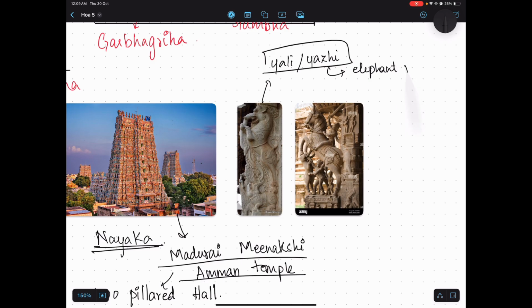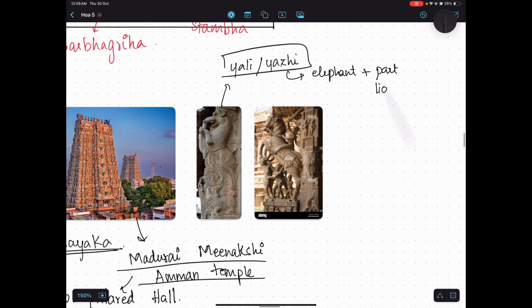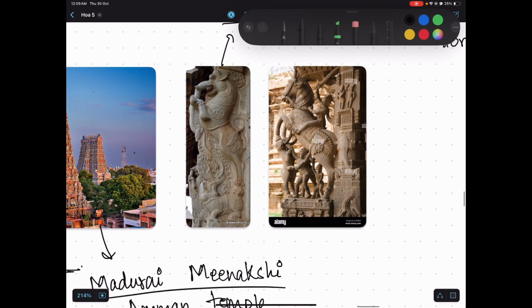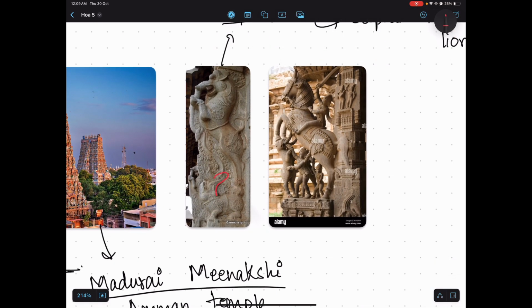And Yali is a mixture of part elephant, part lion, part horse. So you can see an elephant here, and if you take it fully, it's an elephant, but if you stop it here, it's a lion.